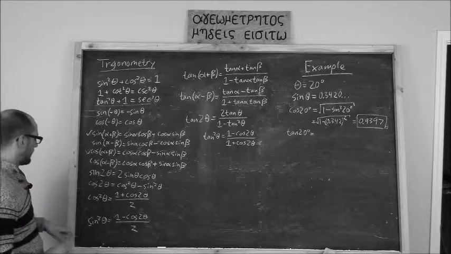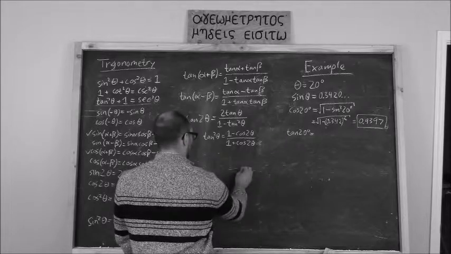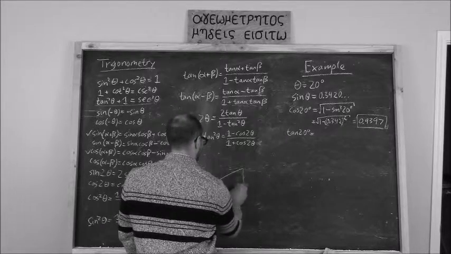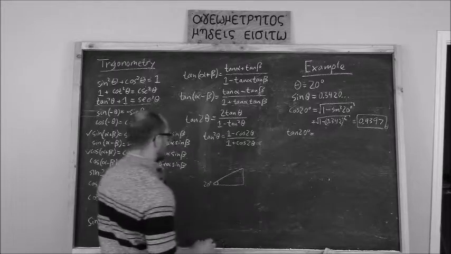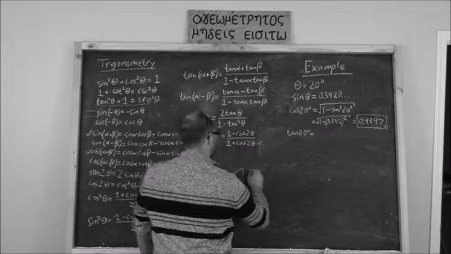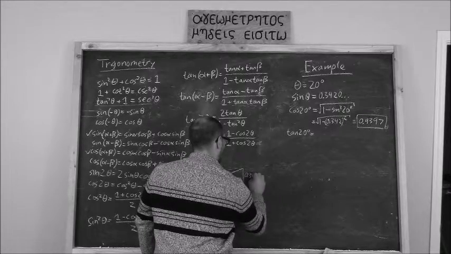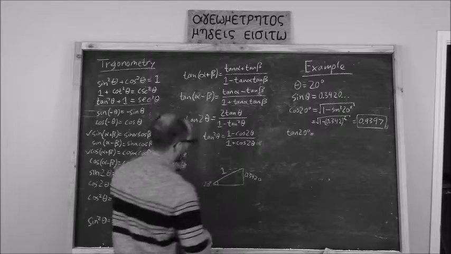Well, maybe not immediately. Let's think of it this way. If I draw a reference triangle, and I note this here is 20 degrees, I've said that sine is 0.3420. That assumes a hypotenuse of length 1.